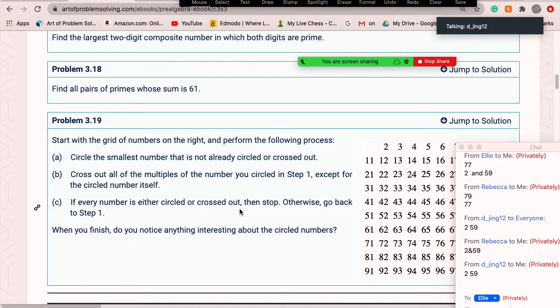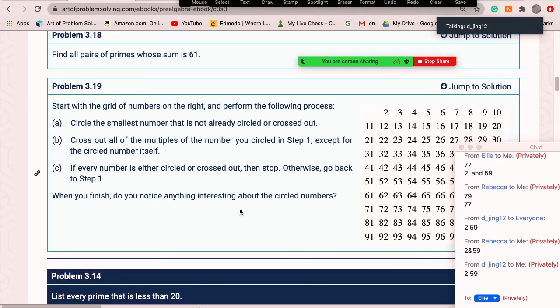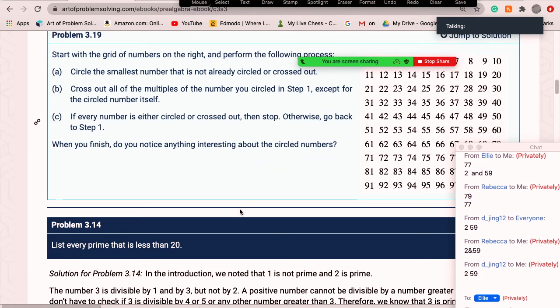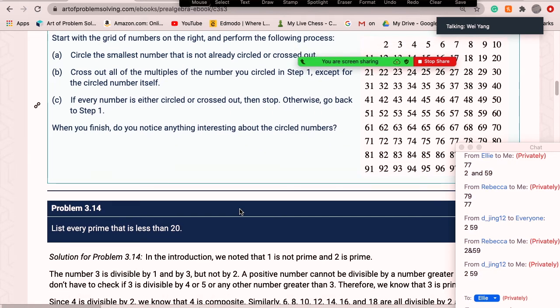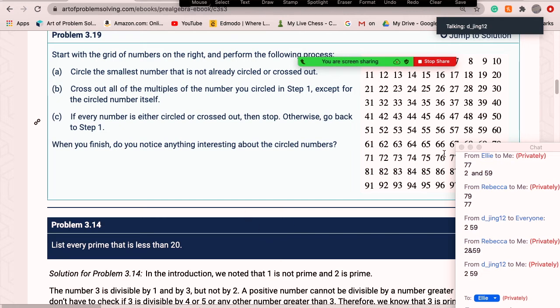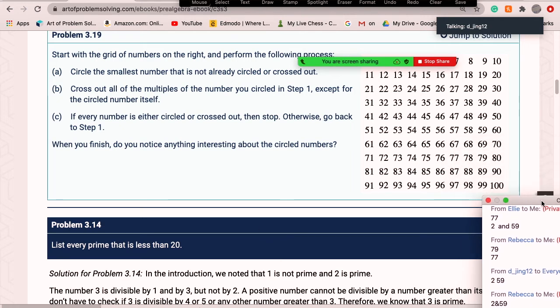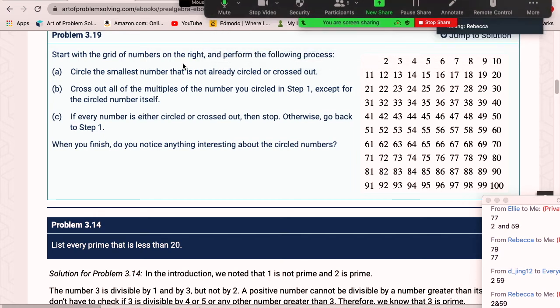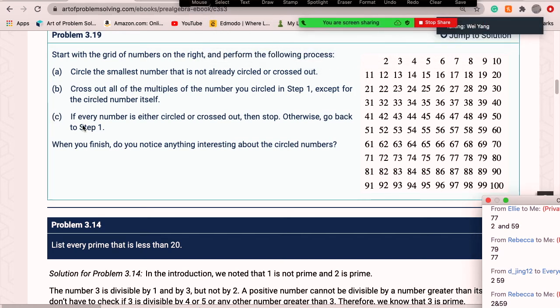It's 3.19. Now let's work together. You want to do A? Okay, you do A, you do B, and you do C. Circle the smallest number that is not already circled or crossed out.